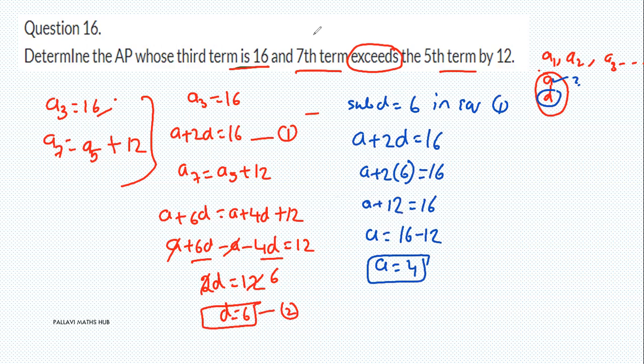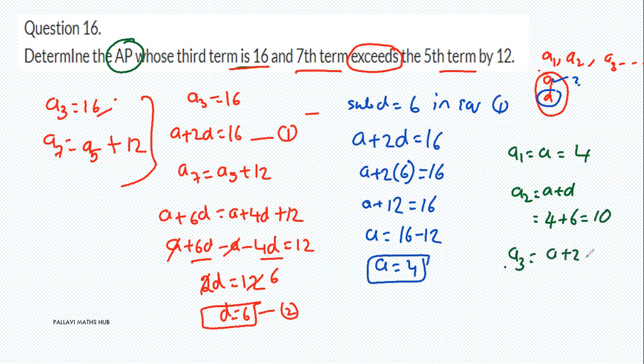But what is the question? Here, determine the AP. AP means A1. A1 is equal to A, which is 4. A2 is equal to A plus D, means the value of A is 4 plus D is 6, equal to 10. Yes, you need to find out A3.